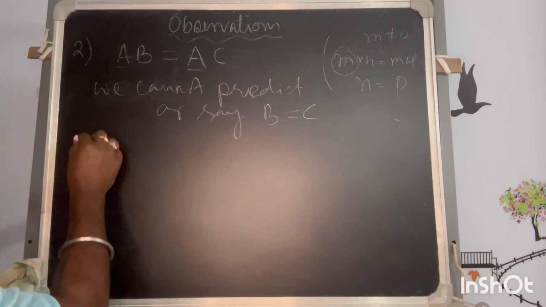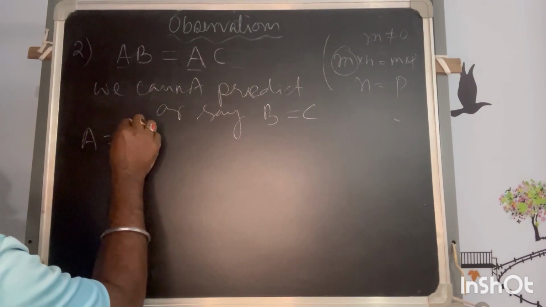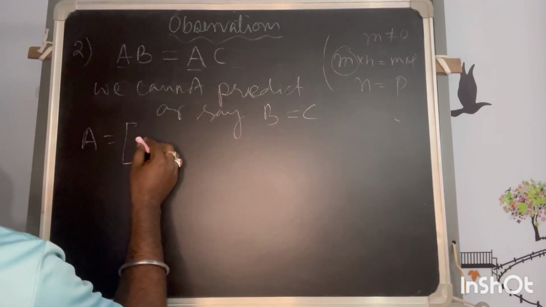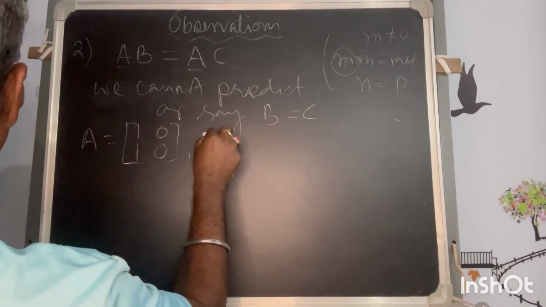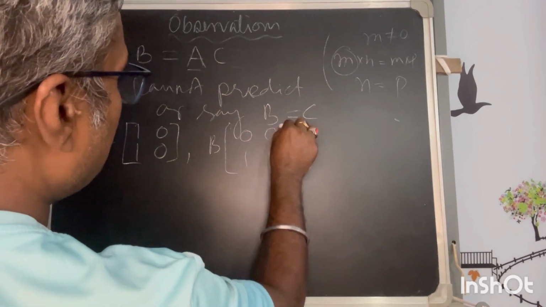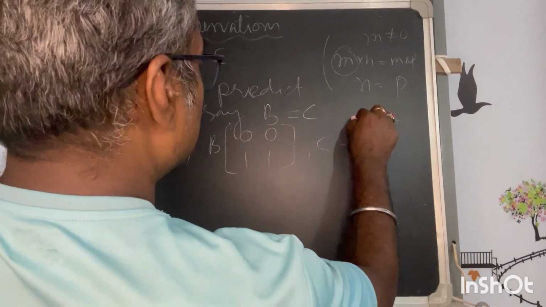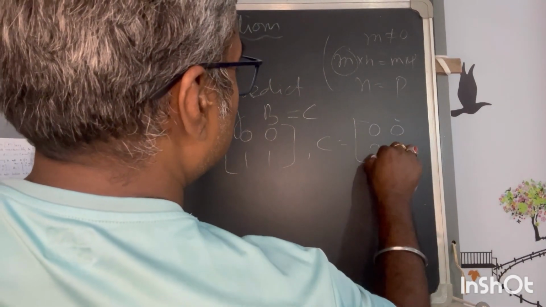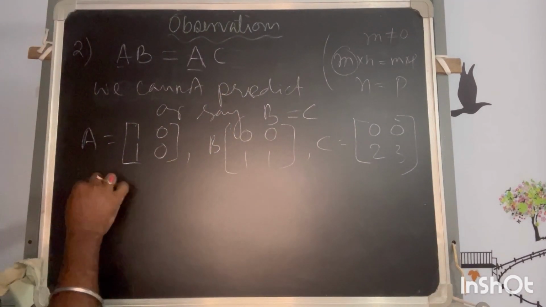So we'll take a specific example. If I take A as 1 0 1 0, B as 0 0 1 1, and C as 0 0 2 3. Now I have to do AB.